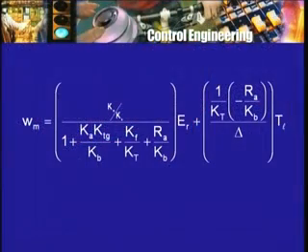If we know the parameters of the system, such as the gain Ka, the back EMF and the torque coefficients Kb, Kt, the armature resistance Ra, the frictional coefficient Kf, the specified load torque, the rated load torque, and the reference voltage that is applied, we will be able to calculate the speed of the motor omega m.